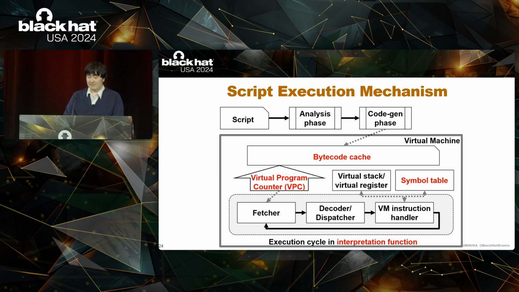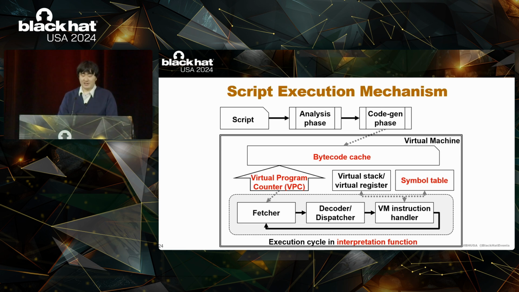The virtual machine has a program counter called VPC and also a stack and registers. In addition, it has something called a symbol table, which stores variables in the script. An interpreter has the interpretation function to execute bytecode. Now, the execution cycle goes like this.